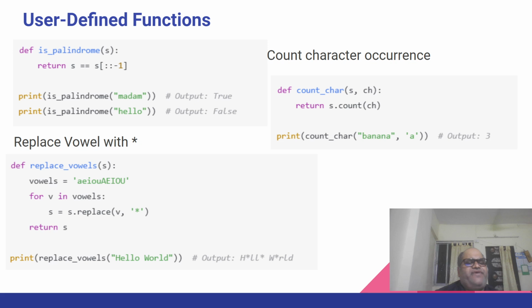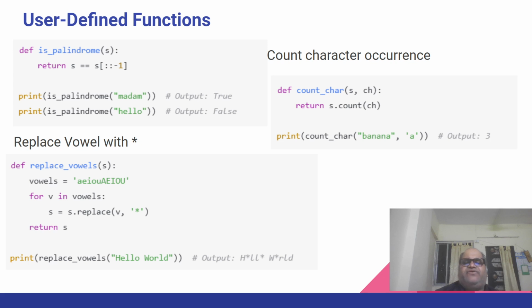So primarily, if you see, most of the code that will be tested in your exam, both theory and practical, could be around simple iteration and then applying built-in functionality. Now let us say count character.